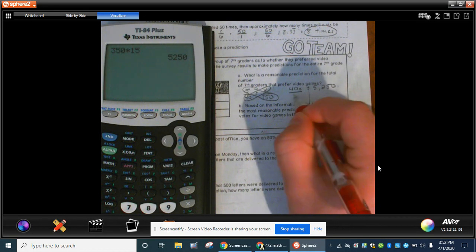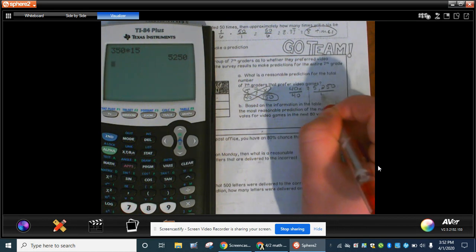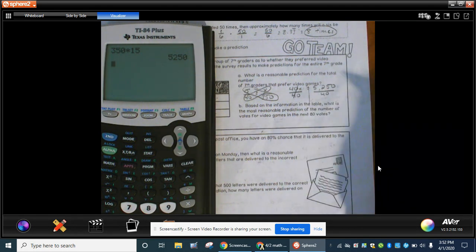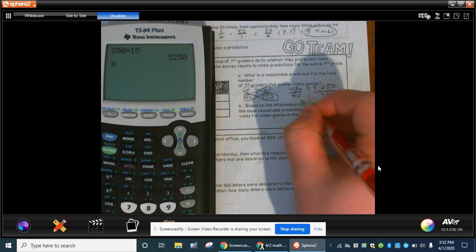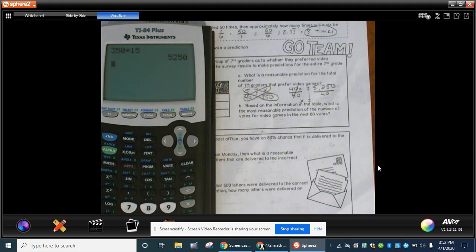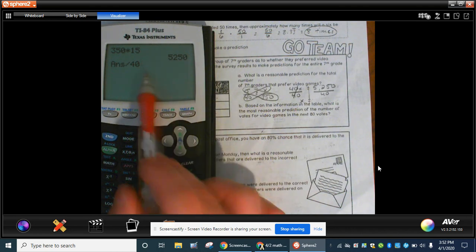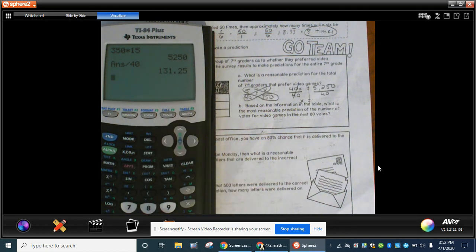To undo that, I'm going to divide by 40 on both sides of the equation. 40 divided by 40 simplifies to 1, so I'm left with 1x, and that is equal to 5,250 divided by 40.